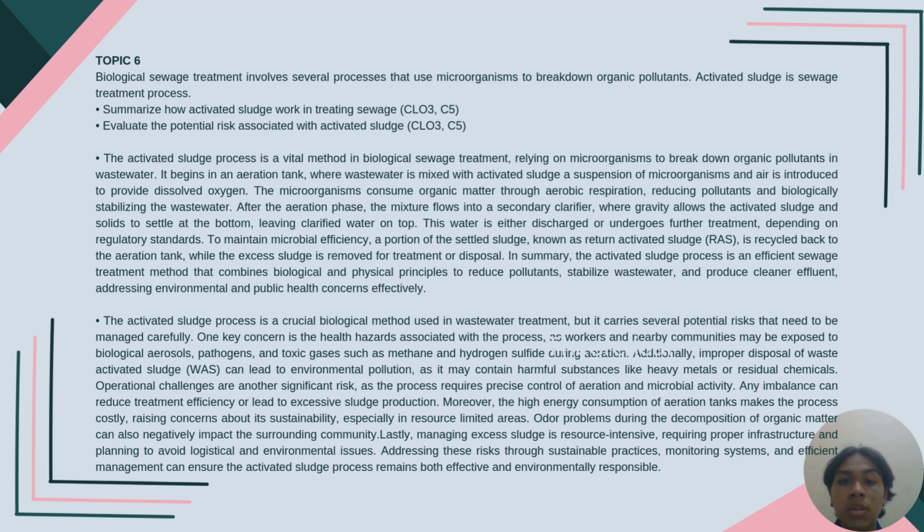After the aeration phase, the mixture flows into a secondary clarifier where gravity allows the activated sludge and solids to settle at the bottom, leaving clarified water on top. This water is either discharged or undergoes further treatment depending on regulation standards.